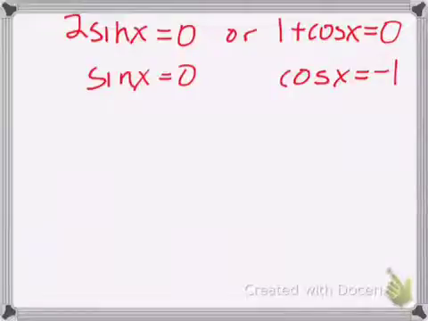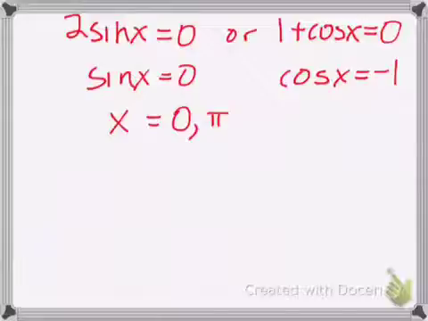Okay, now using your special angles or your table of values or your unit circle, what angles x have a sine value of 0? 0 and pi, and then 2 pi, 3 pi, 4 pi, 5 pi, 6 pi. That's all the pi's, right?